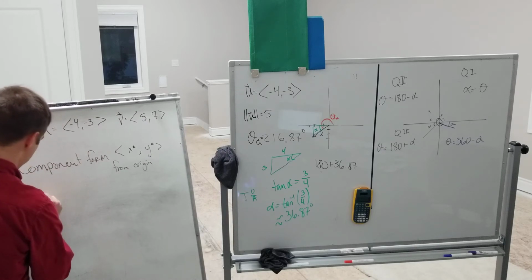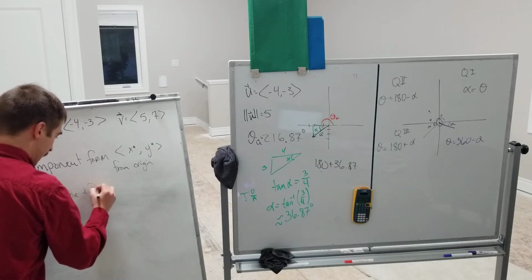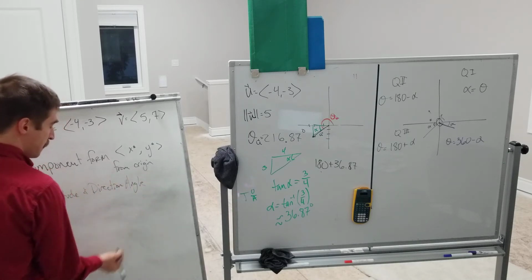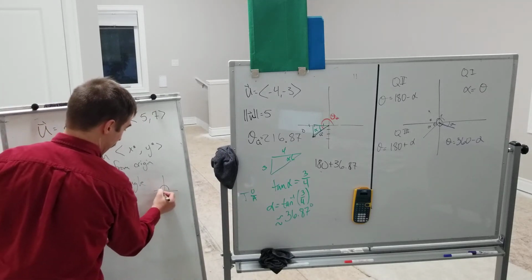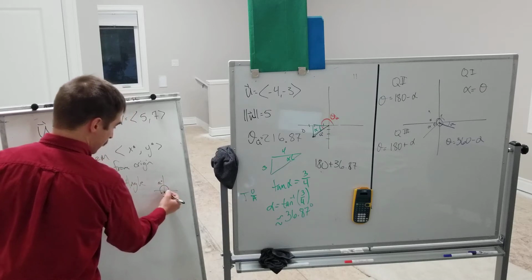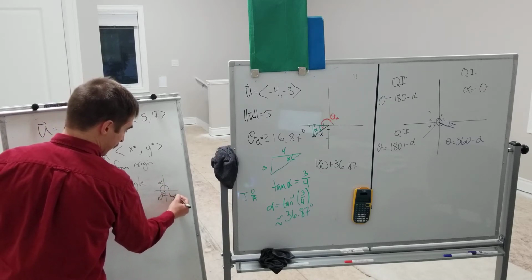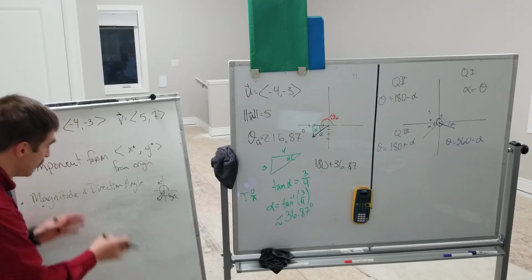We can have magnitude and direction angle, which basically tells us on the graph what angle to go about and the length. Right here, component form is like x, y coordinates.